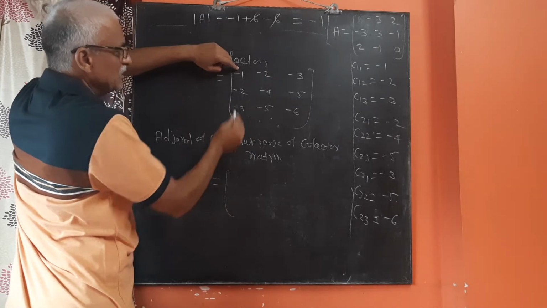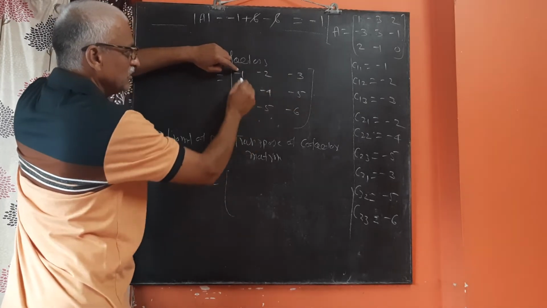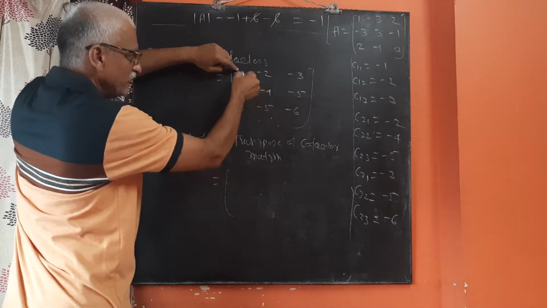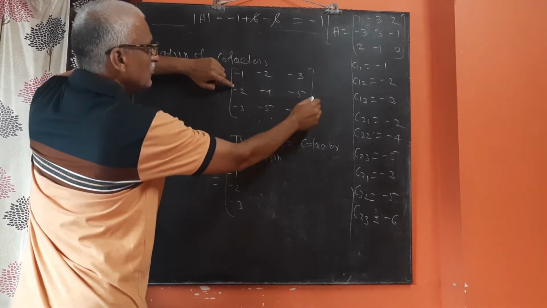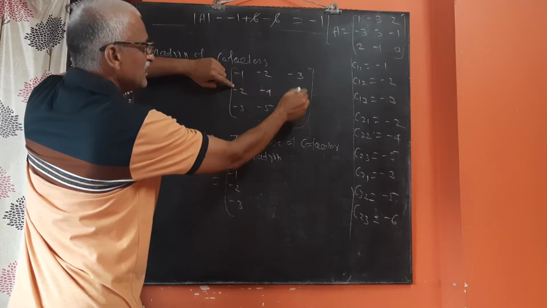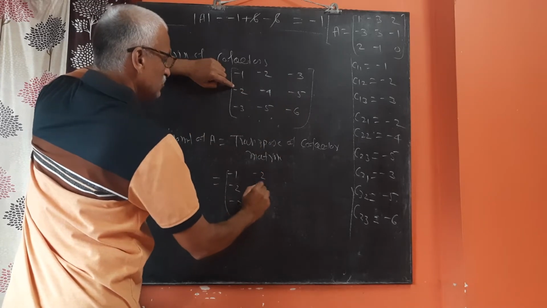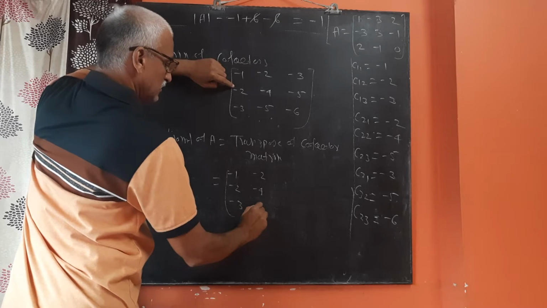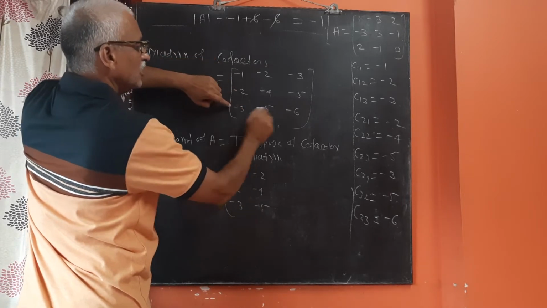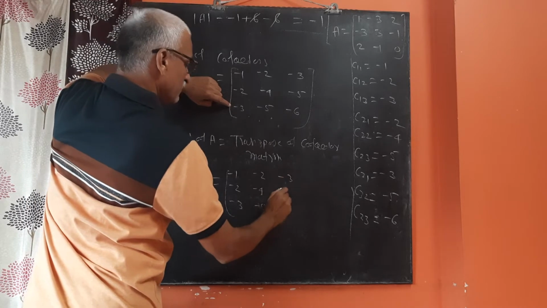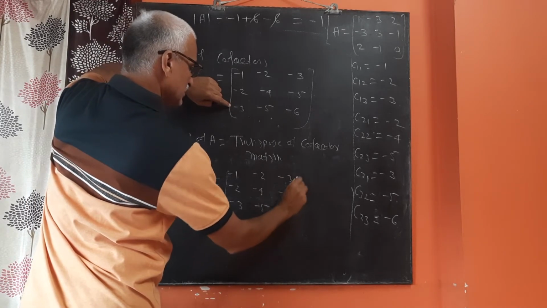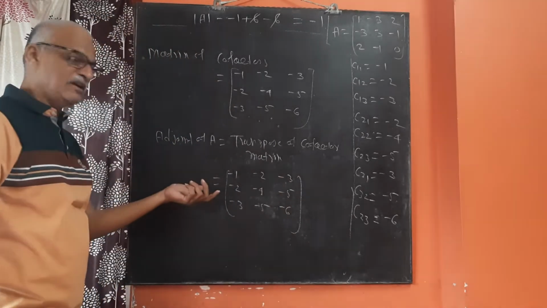So that is the same: minus 1, minus 2, minus 3. Second row into second column: minus 2, minus 4, minus 5. Third row into third column: minus 3, minus 5, minus 6. This is the adjoint of the given matrix A.